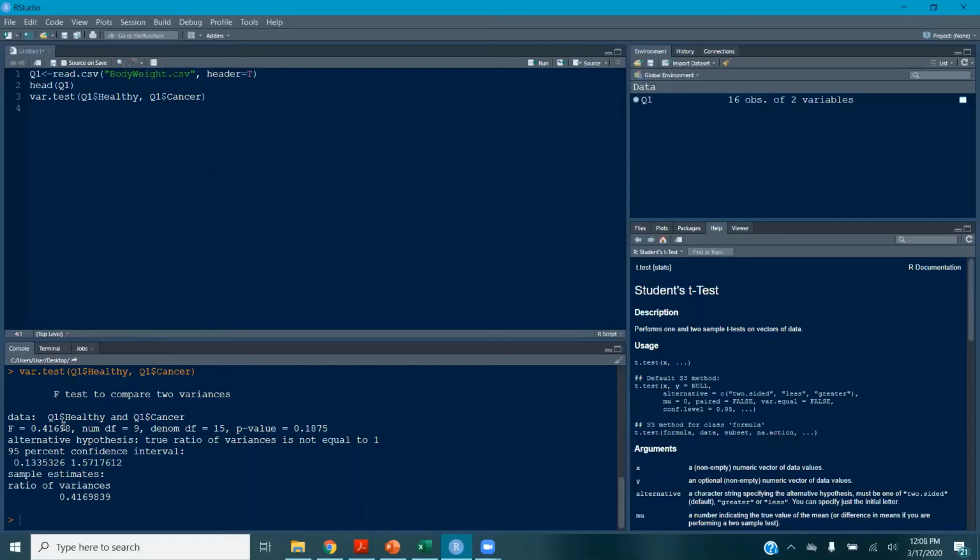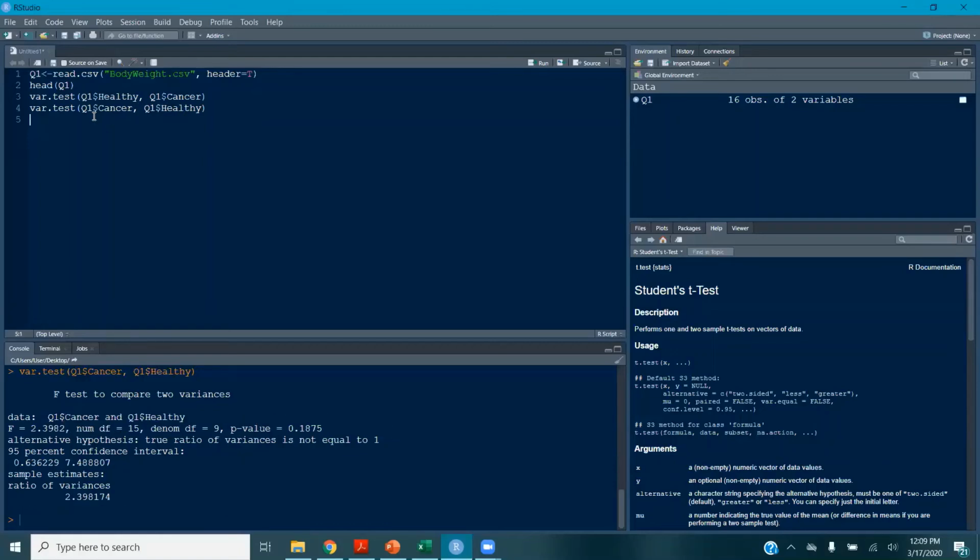If they are not greater than 1, that means we need to switch the order of the arguments in the var.test function. So let's do that here in line 4. Now we'll do var.test with Q1 cancer and Q1 healthy.